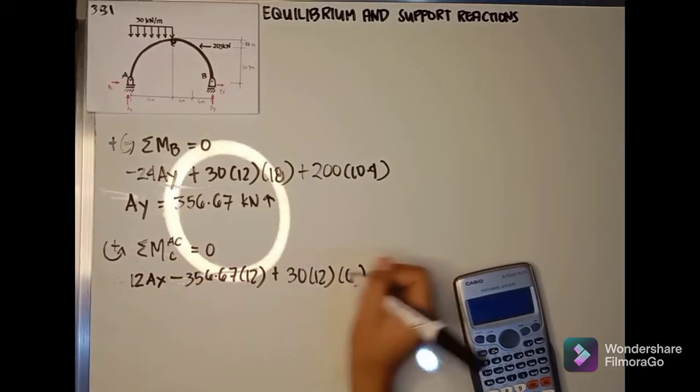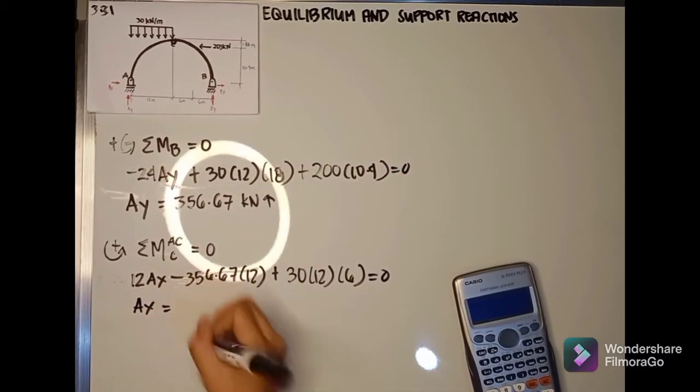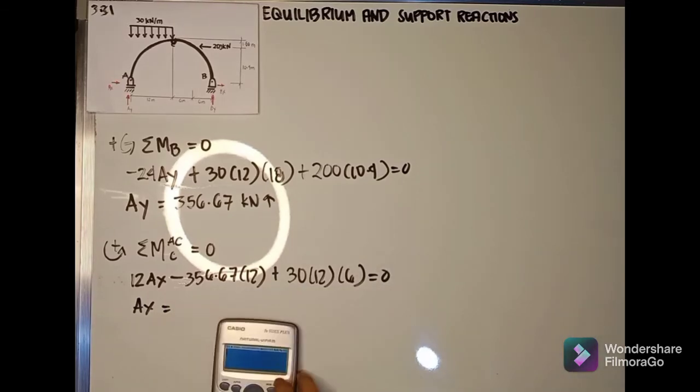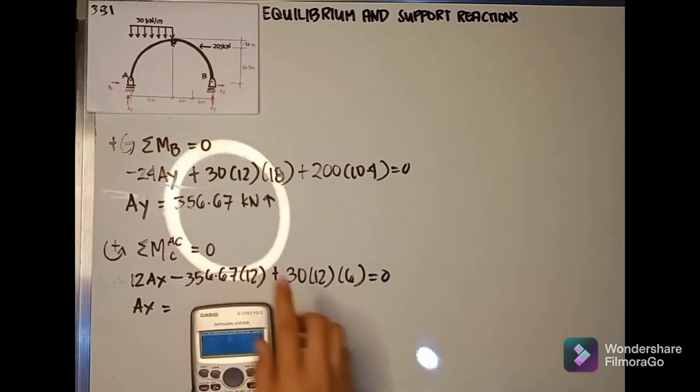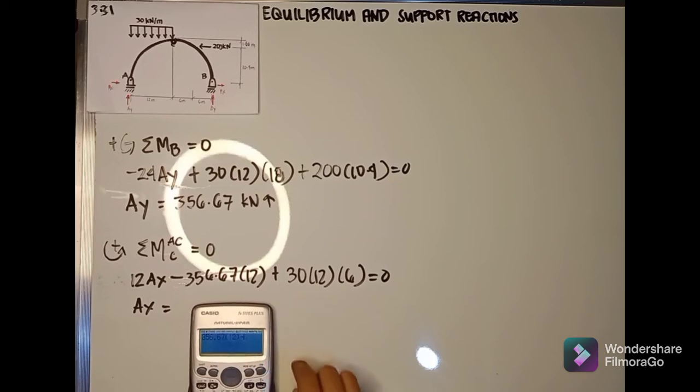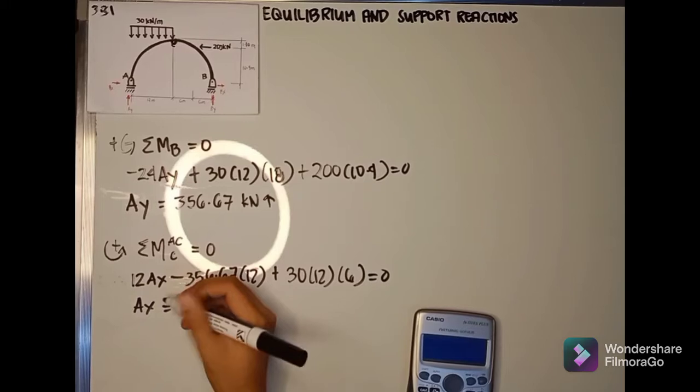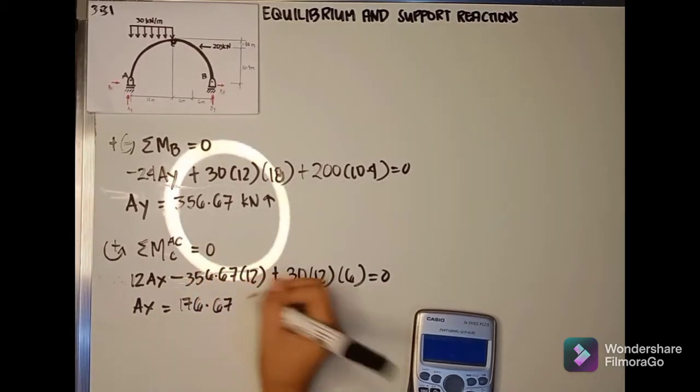Now, solving for AX: 356.67 times 12 minus 30 times 12 times 6, divided by 12. The signs are negative in the input because we assumed we transferred them to the other side, so the sign changes. The answer is AX equals 176.67.